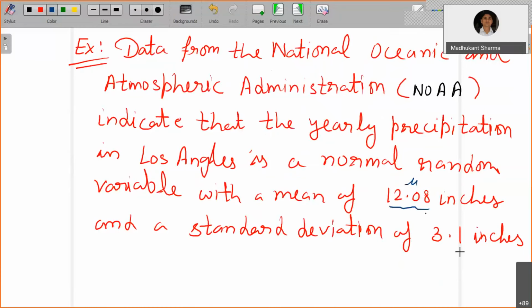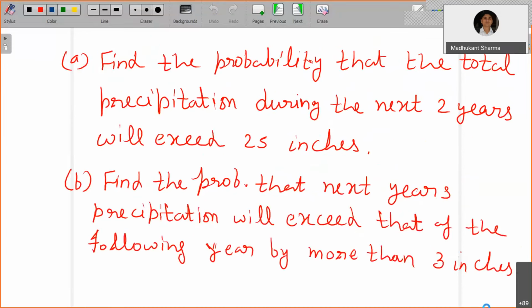Now find the probability that total precipitation during the next 2 years will exceed 25 inches. So this is giving you yearly precipitation follows the normal distribution, with mean and variance so and so.